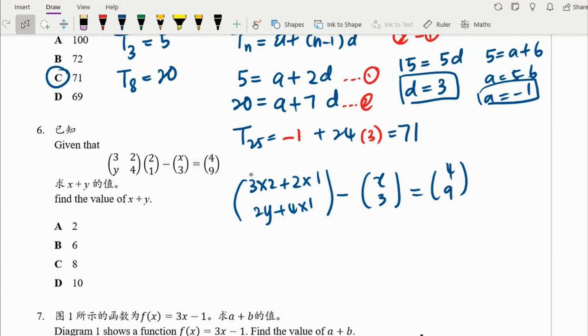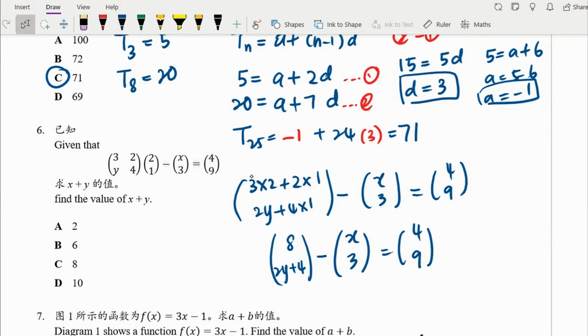So this one should be 4 times 2 is 6 plus 2, which is 8. Then this one should be 2y plus 4. Sorry, this is a multiplier, my mistake. Times 3 equals 4, 9.